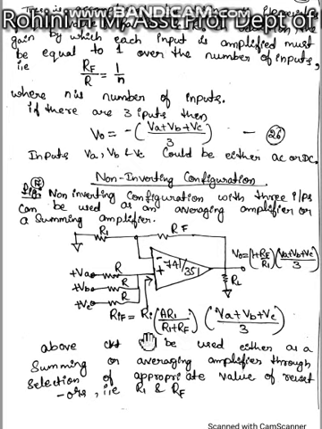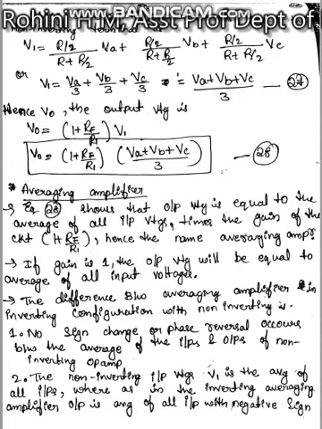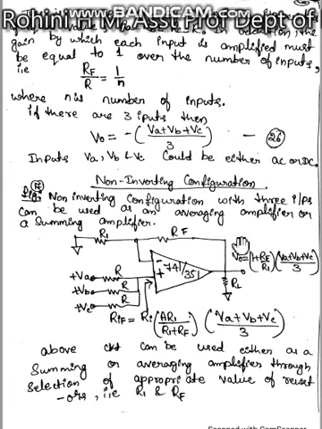Here the voltage is given by R1 divided by R1 plus RF into this voltage. This circuit is called the non-inverting configuration. Here, in order to find the output voltage V out, we are using the superposition theorem. What does the superposition theorem say?